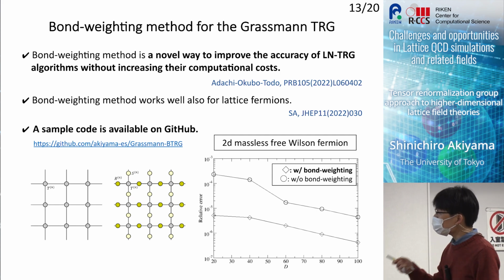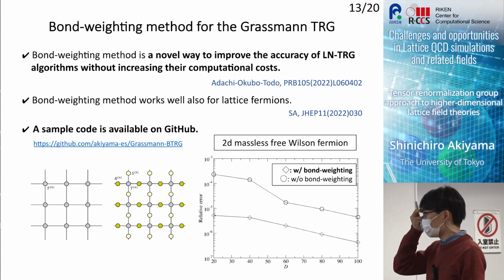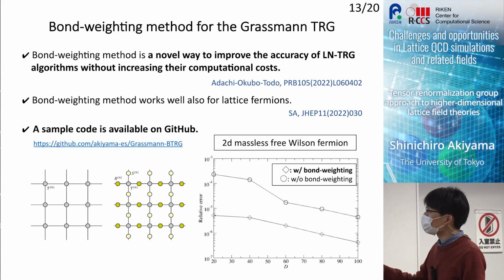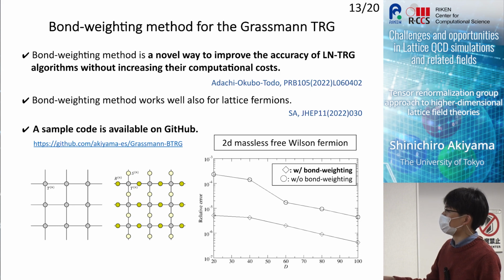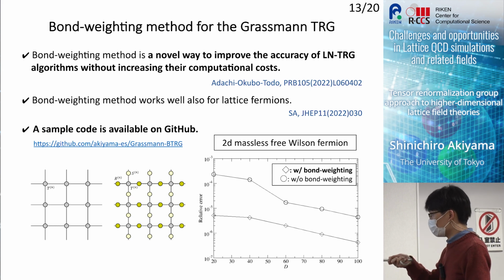The point is that the computational cost of both calculations is almost the same. So it means that we can restore, for example, the D=100 result of the original algorithm by using the bond weighting technique at just D=20. So this is a very nice improvement.